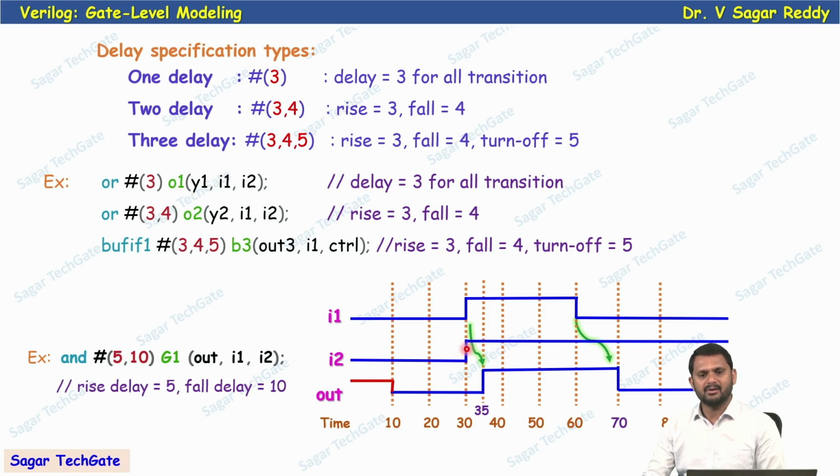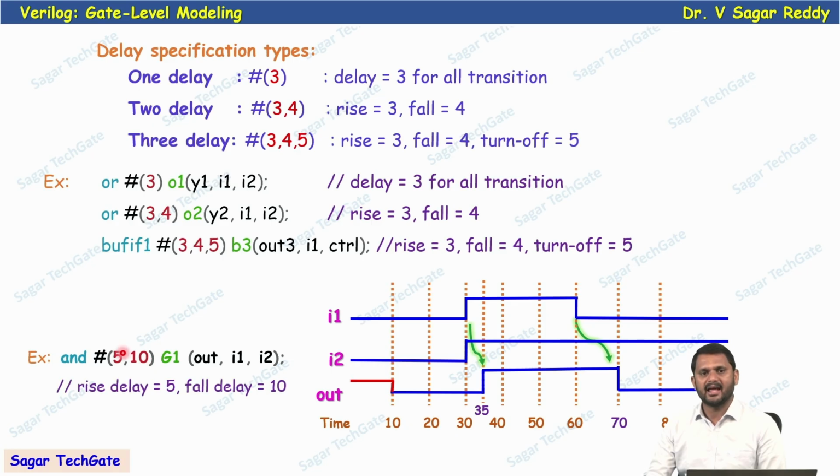Now at the time instant 30, what happened? Both I1 and I2 change from 0 to 1. So at this time instant, both inputs for this AND gate are 1, and for an AND gate the output also becomes 1. But what delay are we specifying here? The rise delay is 5 and the fall delay is 10.